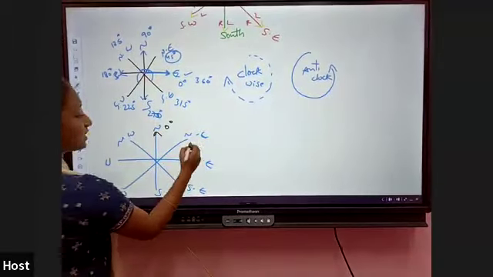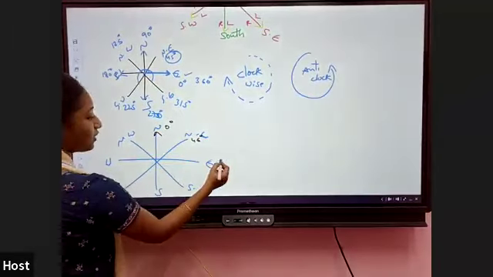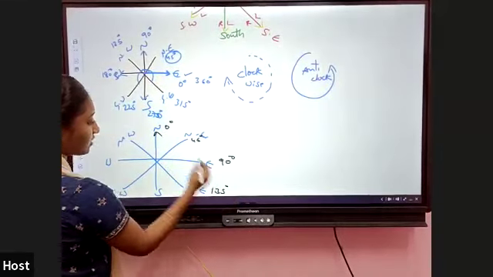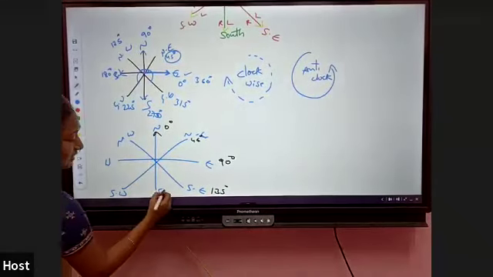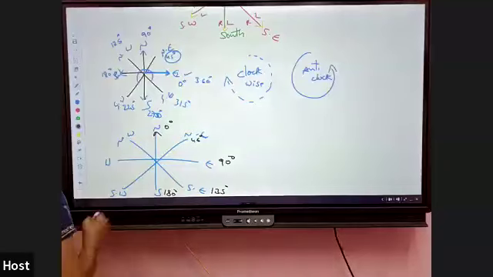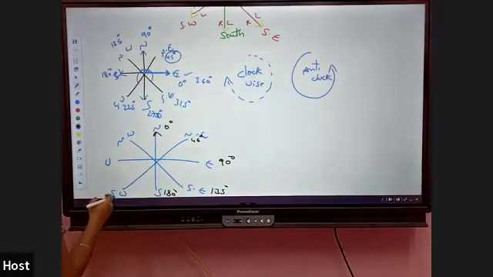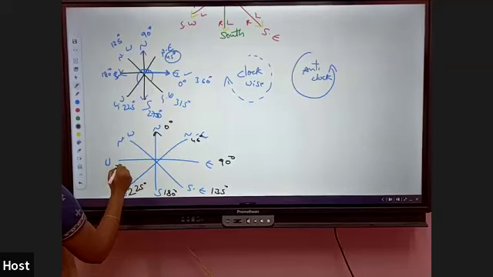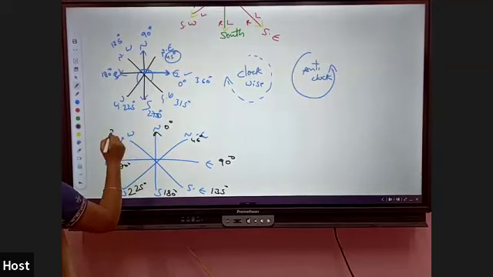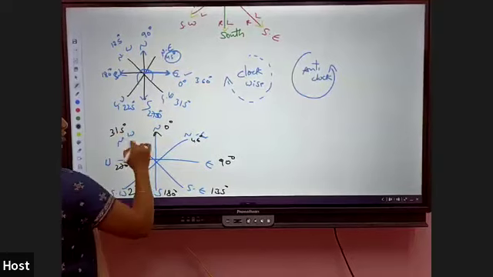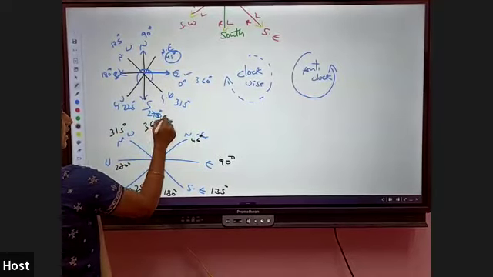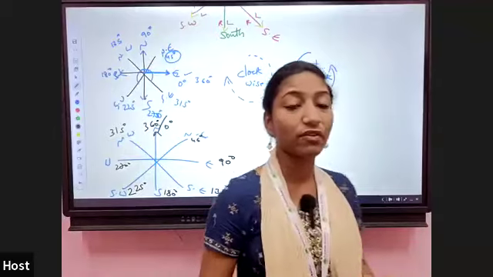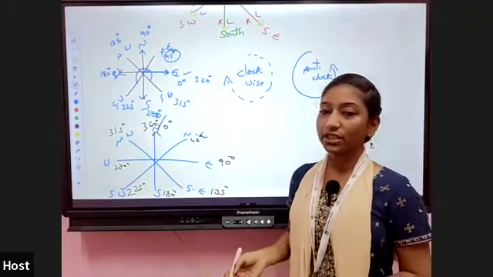North to northeast 45 degrees, north to east 90 degrees, north to southeast 135 degrees, north to south, the opposite angle, is 180 degrees. Next, north to southwest 225 degrees, west 270 degrees, northwest 315 degrees, north to north again 360 degrees. So these are the clockwise and anti-clockwise directions and also the angles.